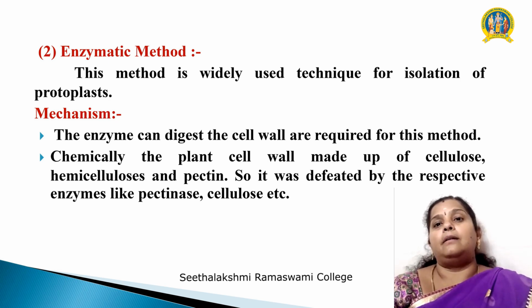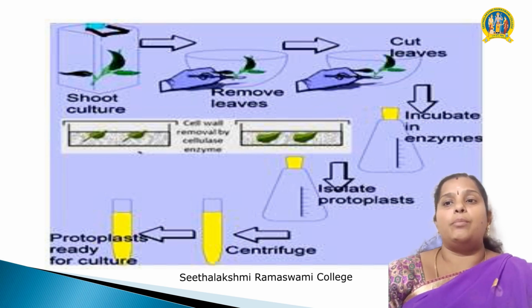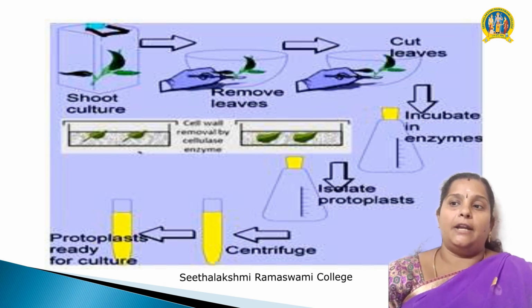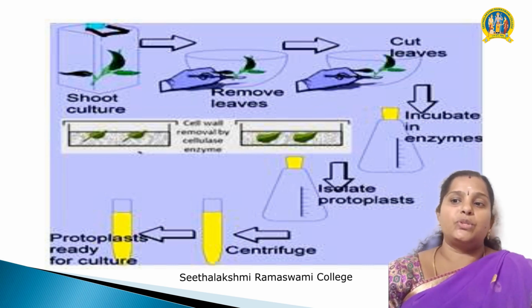Then in the slide, the shoot culture is taken and the leaves are removed. After cutting the leaves, they are incubated with enzymes such as macerozyme and onozuka for 12 hours. After 12 hours, a 2% sucrose solution is used to isolate the protoplast.